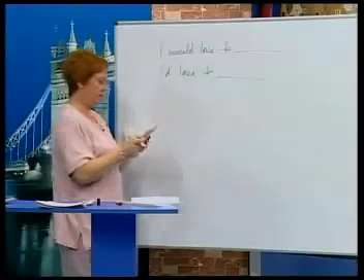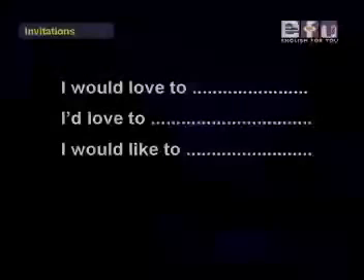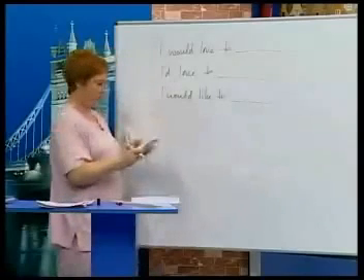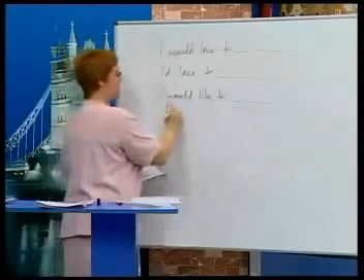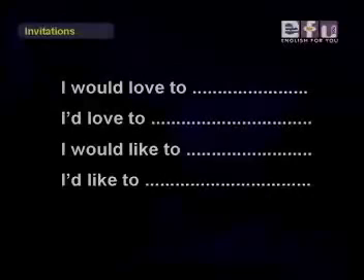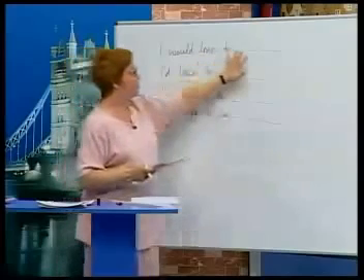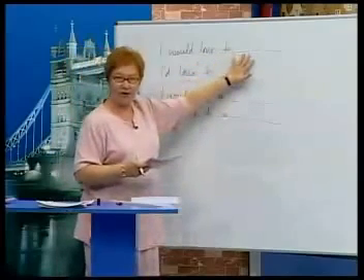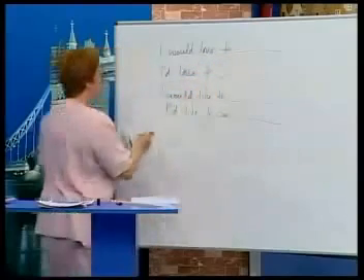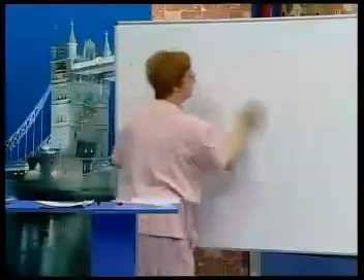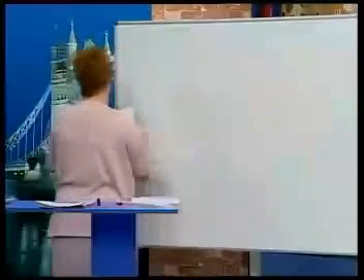I would like to have dinner with you. And again, we make it shorter. I'd like to. Now, then we say what we're going to do. Okay? Here's some examples, and you can also see them on the screen as we do these.